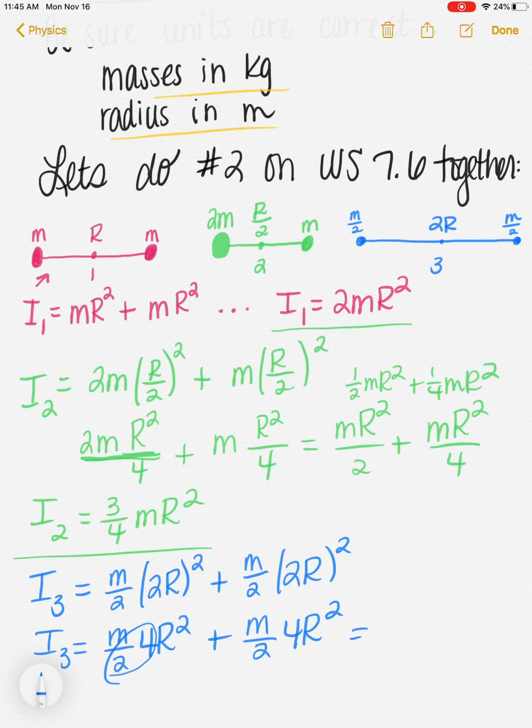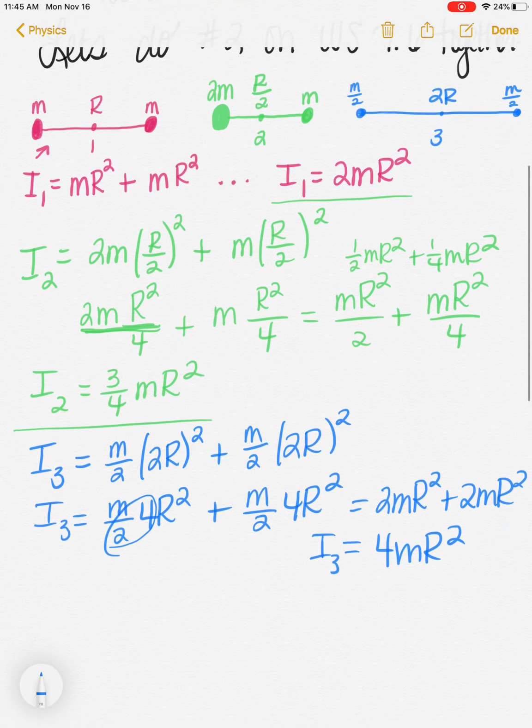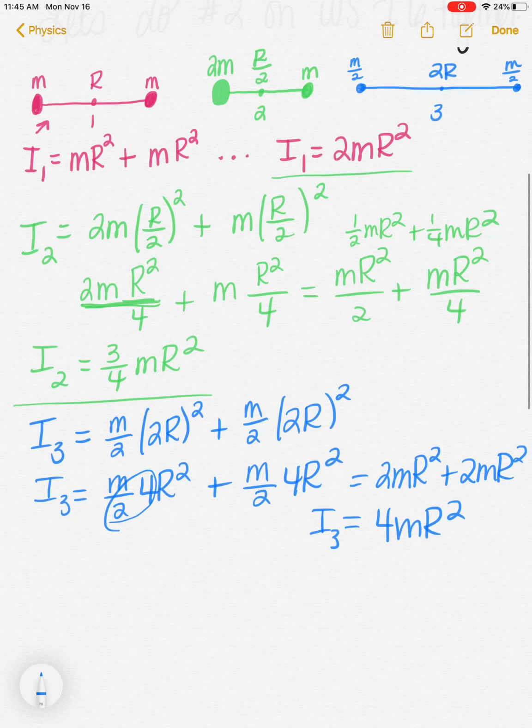But we could combine this. 4 over 2 is the same thing as 2, so that's going to be 2mr squared plus 2mr squared. Well, 2 plus 2 gives you 4mr squared.